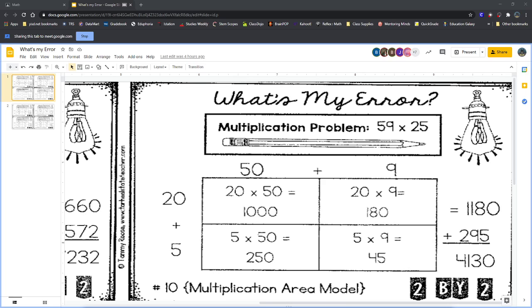You might not notice right away, but what mistake did they make? Could be anyone from group 1 or from group 2, or if someone from group 3 or group 4 notices it really quickly, they can give me the answer as well. So who can tell me? Haley, what was the mistake here?